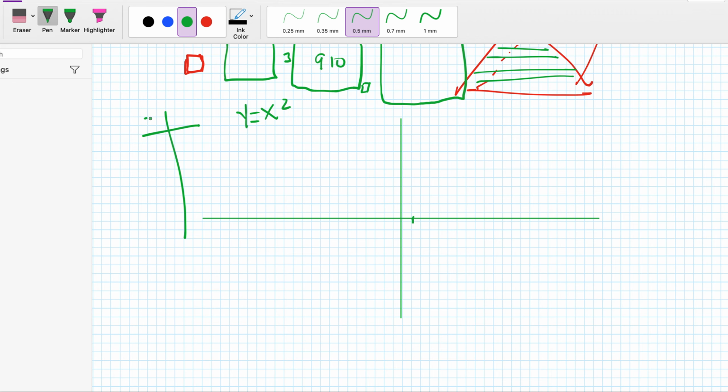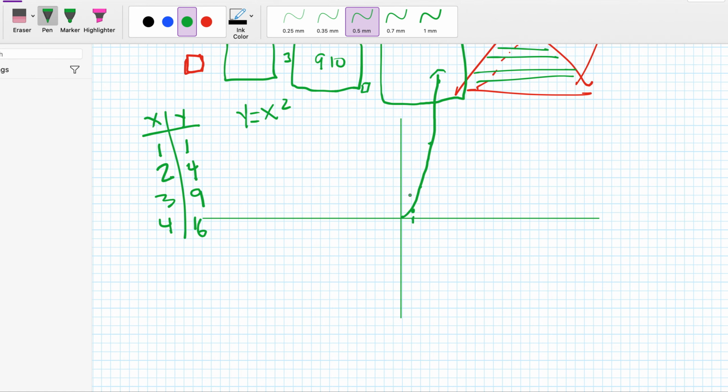When x is 1, how many bricks are we using? The answer of y, how many bricks total, is 1. When we plug in 2 squared, 2 times 2 is 4 bricks. 3 squared would be 9 bricks. A 4 by 4 square would be 16 bricks. So when we graph this, 1 is 1, 2 would be 4, 3 would be 9, and 4 would be 16. The graph will start at 0 and begin to curve and make what we call a parabola.